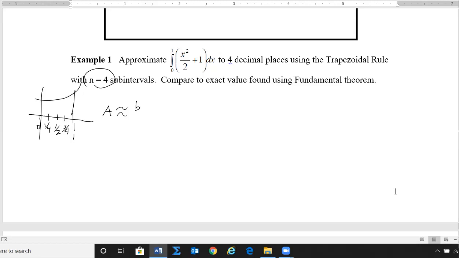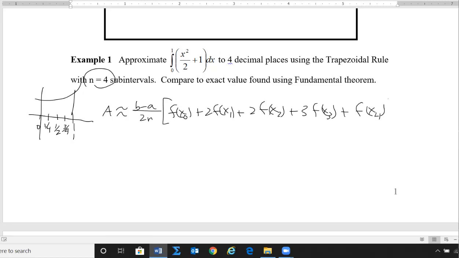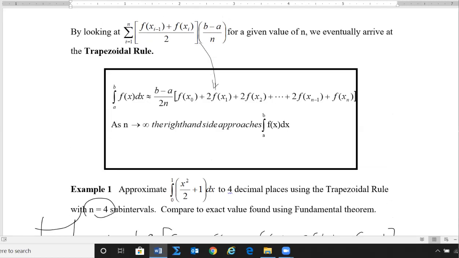We have the b minus a over 2n, and then we have f of x0 plus 2 f of x1 plus 2 f of x2 plus 2 f of x3, and finally f of x4. So that's just using our formula from above. You can see this one right here.